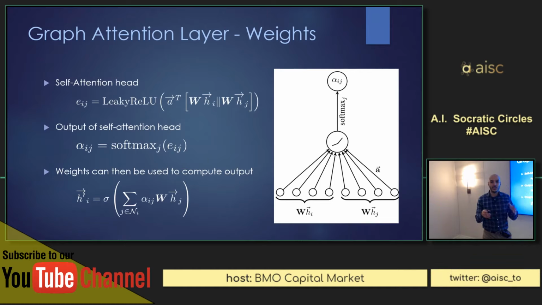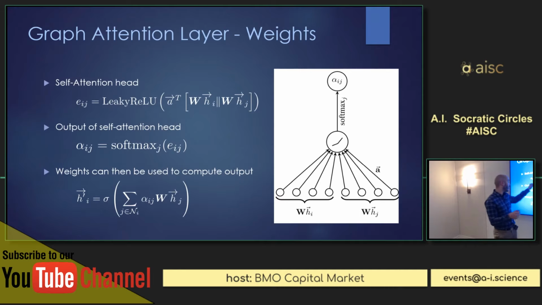So here you get a single scalar as an output. So that's Eij. So you can do this whether you have one neighboring node or 10 or 100. Doesn't matter.